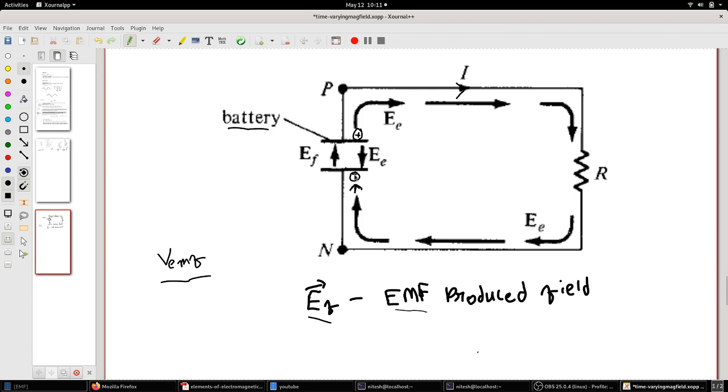This is external to the battery, and that field is given as EE. EE is the electrostatic field because of these charges. Within the battery, the direction of EE will be opposite, starting from the positive terminal and ending on the negative terminal. So the direction of EE inside the battery is opposite to the direction of EE outside the battery.